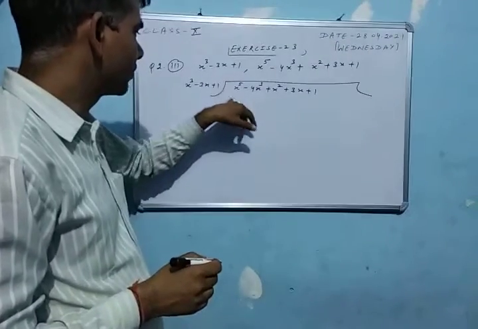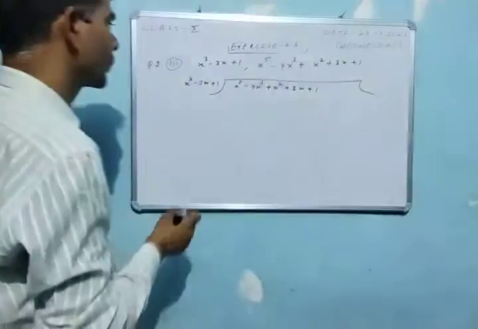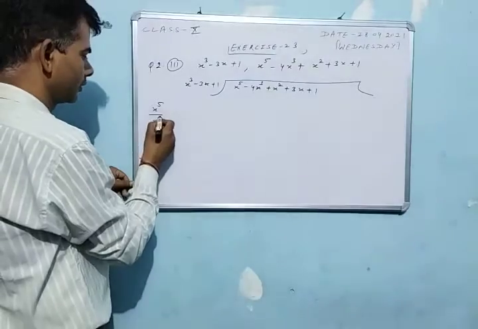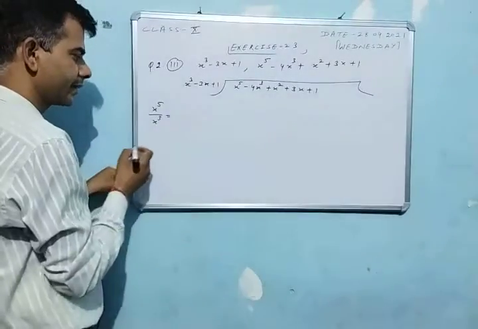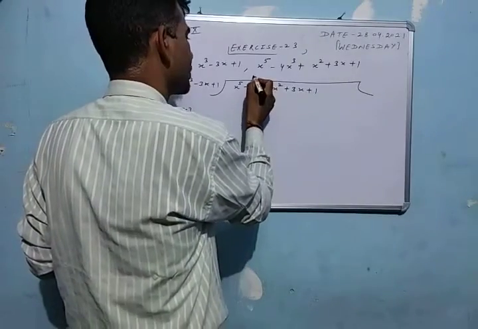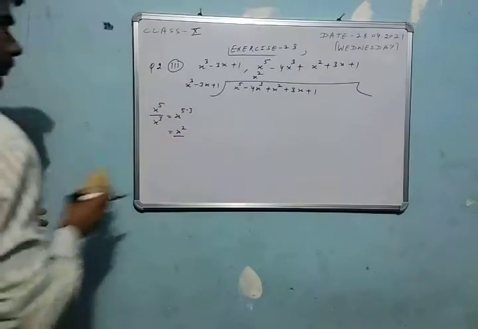By which number x cube is multiplied, the result will be x raised to power 5. X raised to power 5 divided by x cube. Now student, base is same and they are divided, then exponent will be subtracted. That is x raised to power 2.